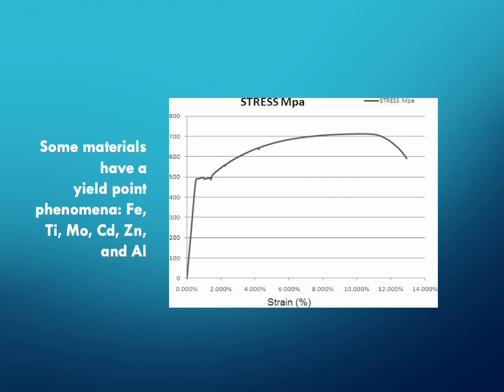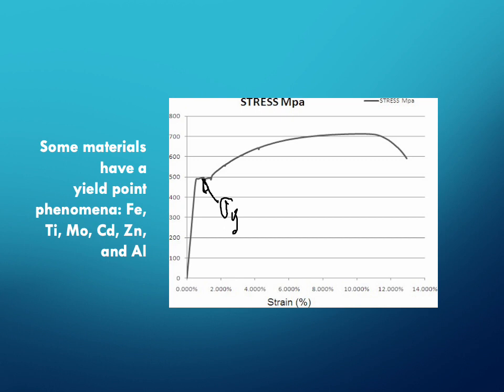So the load or stress will increase as I'm having extension, and then we'll get to a place where I have extension without an increase in load. When that happens, you don't have to draw a line or a graph or anything. That is our yield strength. Some metals will give you an output like that.